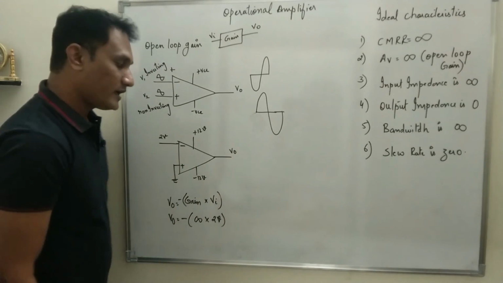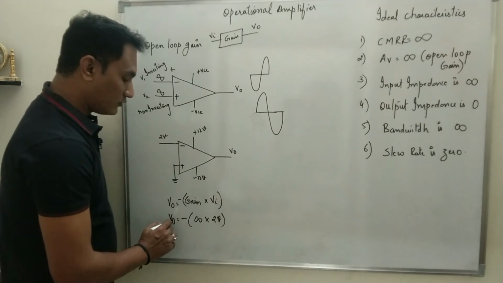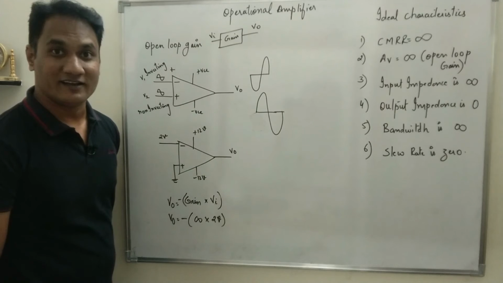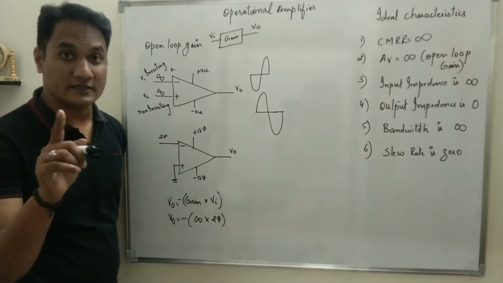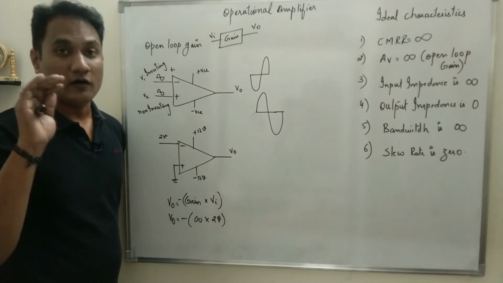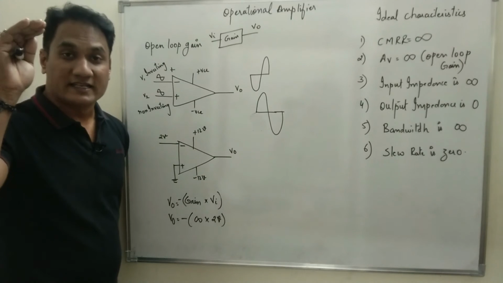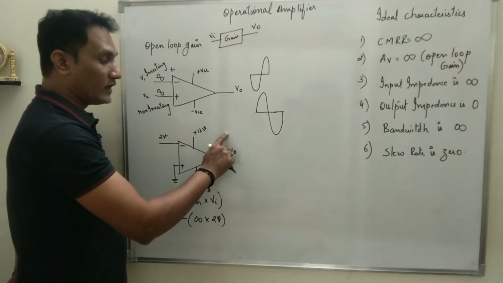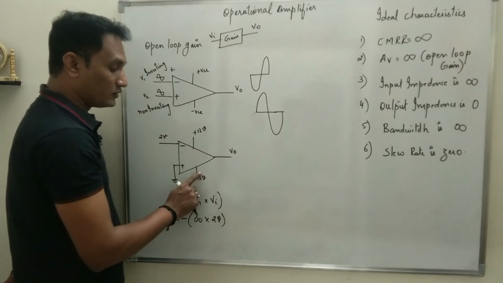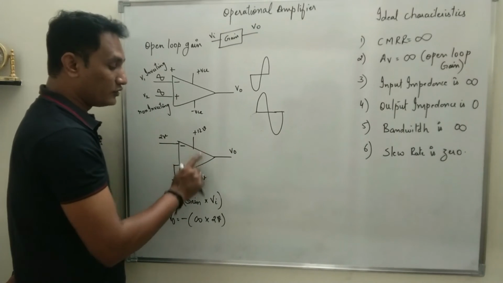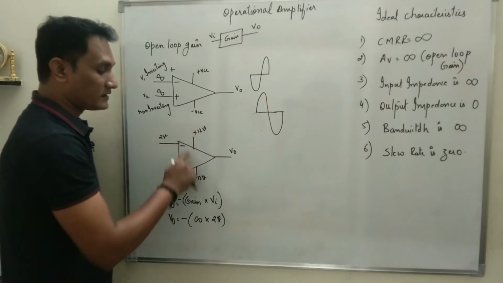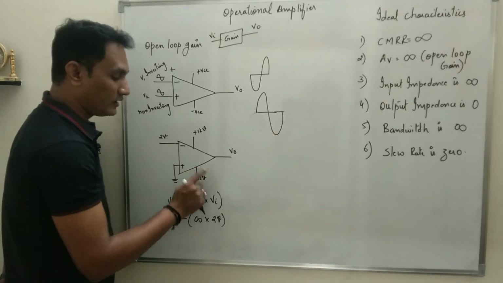Now in the formula the output voltage will be infinite. Of course it cannot be infinite, because in an electronic circuit the output can only reach a maximum value determined by the supply voltage which has been applied. Here the supply voltage is plus 12 volt and minus 12 volt.